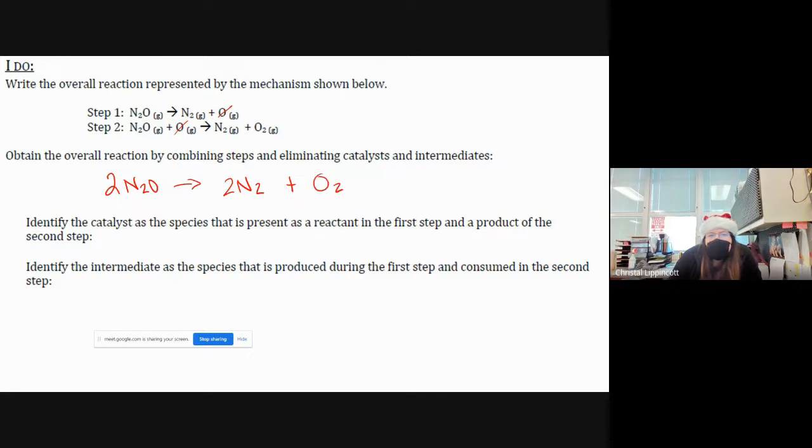So when you're done, you need to go back and make sure that everything balances, because if this doesn't balance as an overall reaction, you goofed something. So I have 4 N's here and 4 on this side, and I've got 2 oxygens and 2 oxygens. So we're okay there. We didn't have a catalyst, so we don't need to identify anything there, but our intermediate is oxygen.